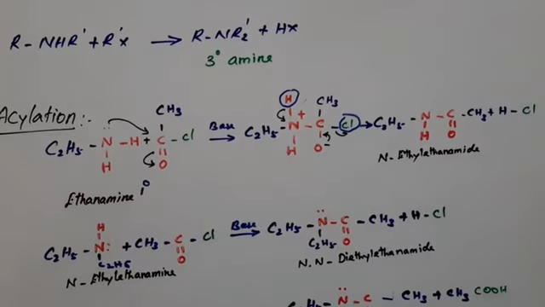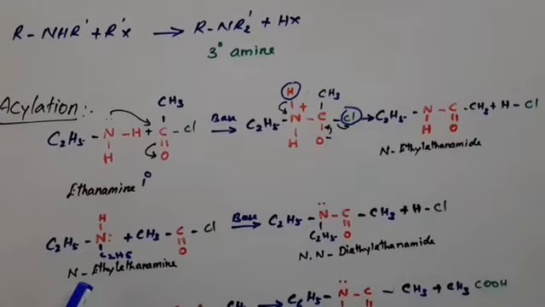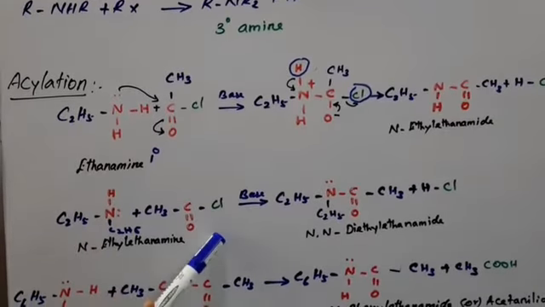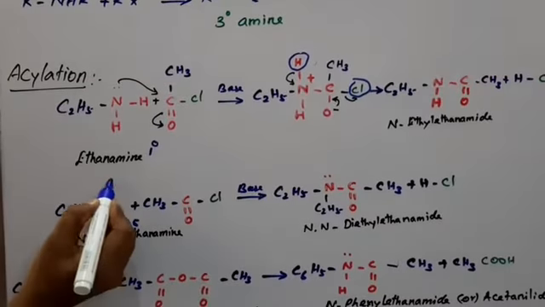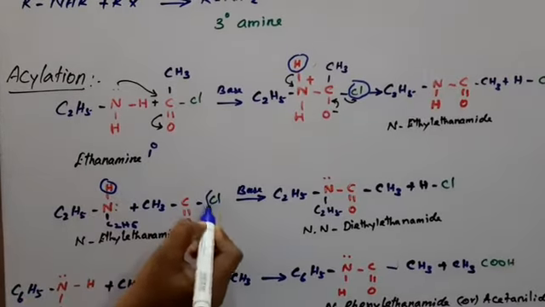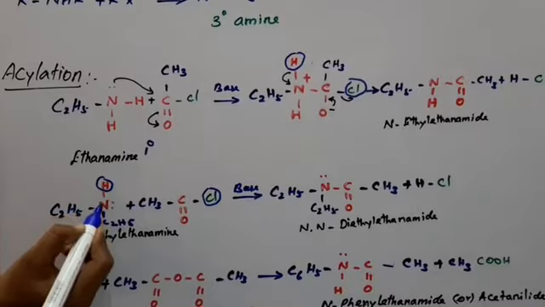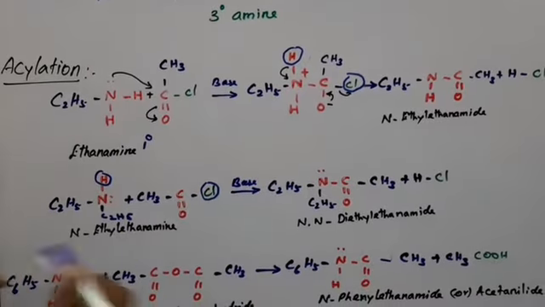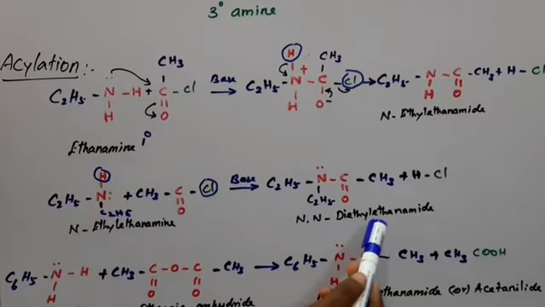Amine to amide is an acylation reaction. At the same time, this secondary amine, N-ethyl ethanamide, reacts with the same acid chloride, removing HCl, one H and one chlorine. The bond is utilized by the nitrogen and replacement takes place. We get N,N-diethanamide.